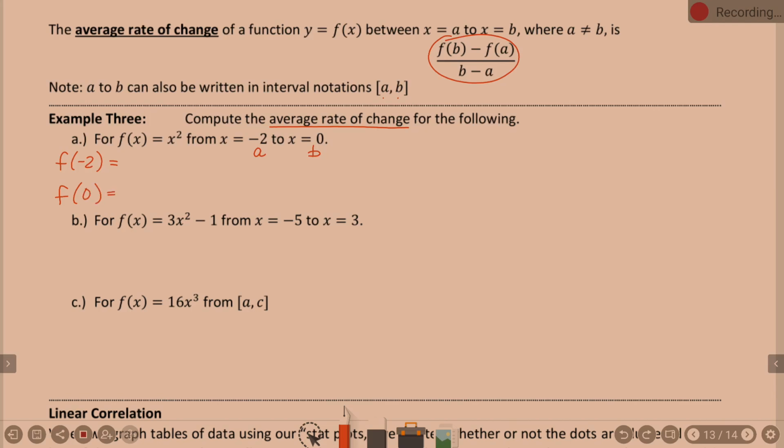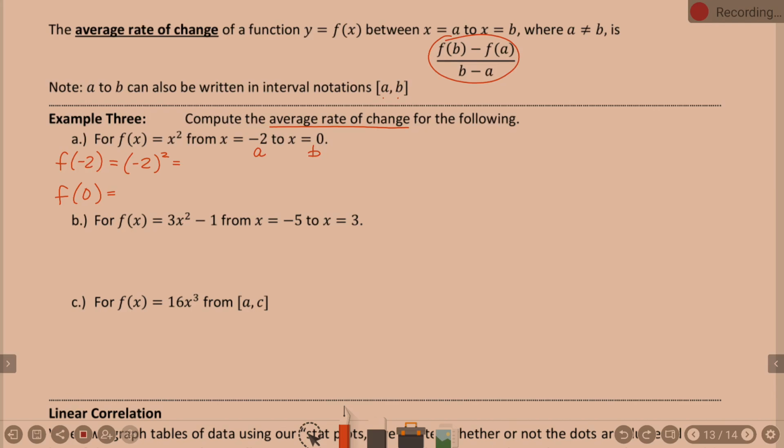What about f of negative 2? What do we do there? Take negative 2 and square it. You're plugging it in, right? F of x is given as x squared, so if we want f of negative 2, the rule says to do x squared. So we're going to do negative 2 squared. What is negative 2 squared? 4.